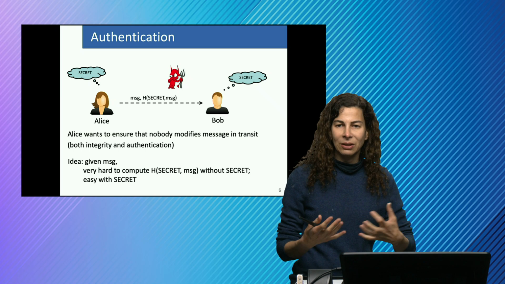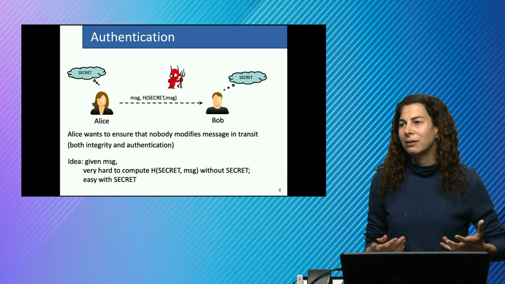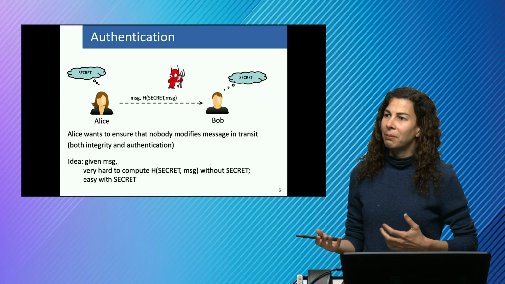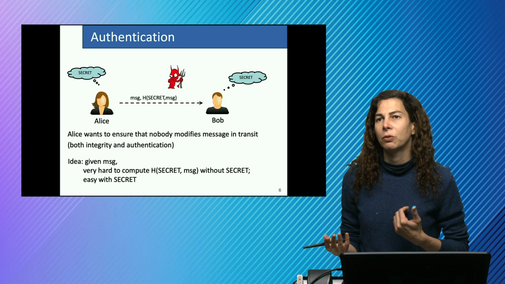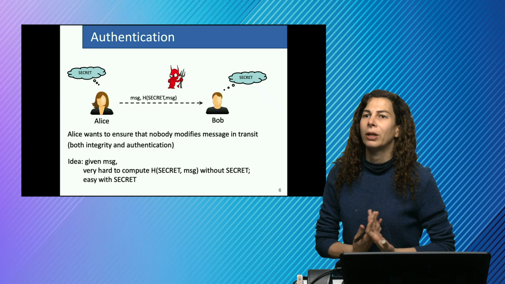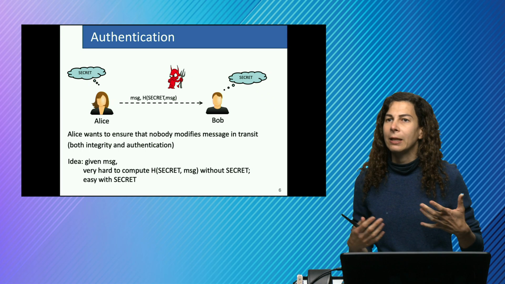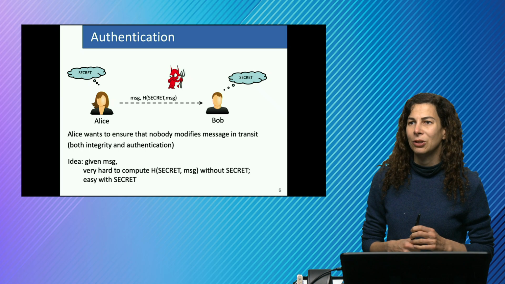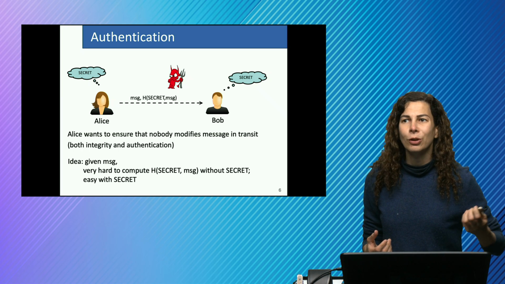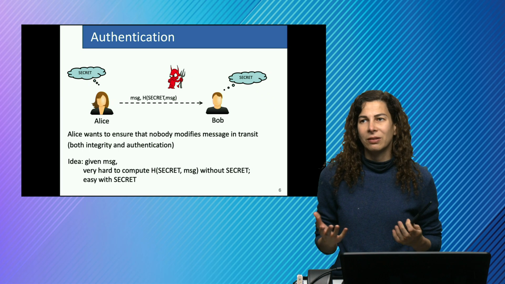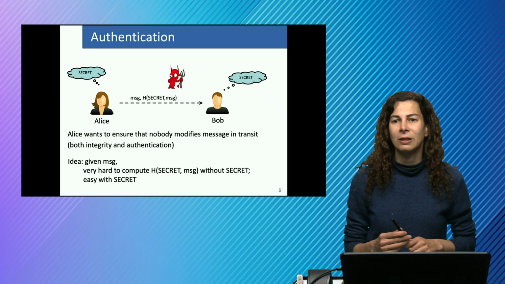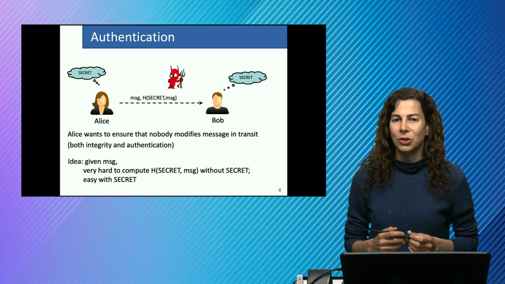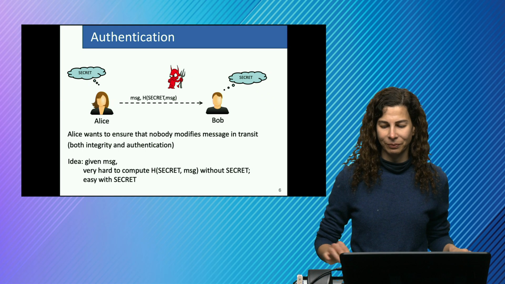If you have the secret or a key, then you would be able to verify this. But if you don't know the secret, you wouldn't be able to verify and authenticate that what Alice was sending is not modified. So this is yet another application of hashing. And if you look around and search for applications of hashing, you will see several important applications that we have today.